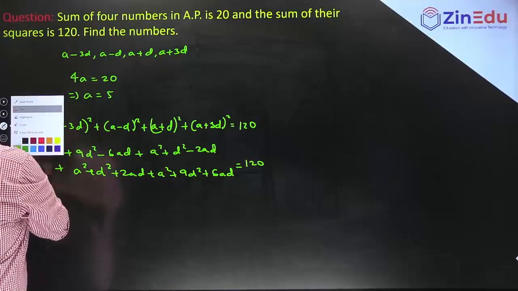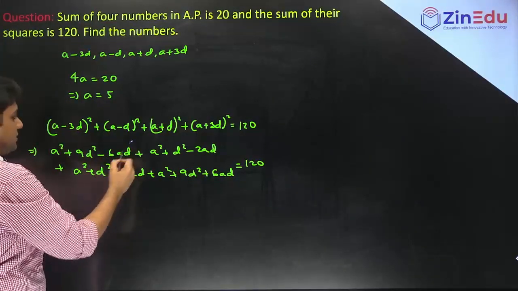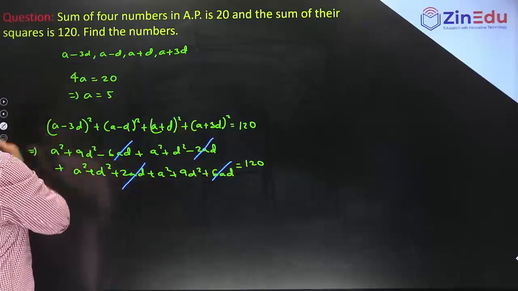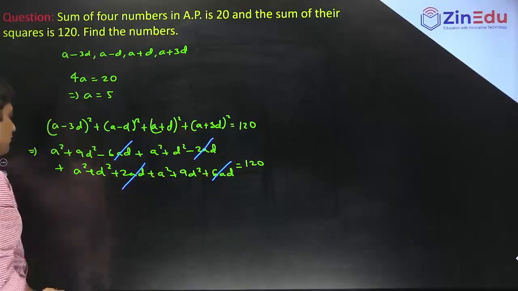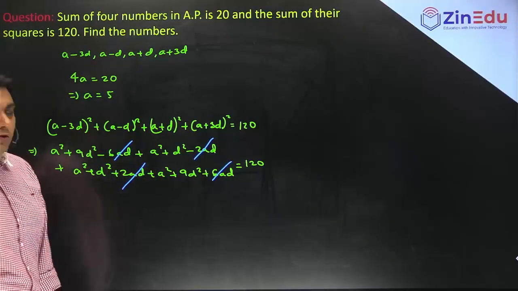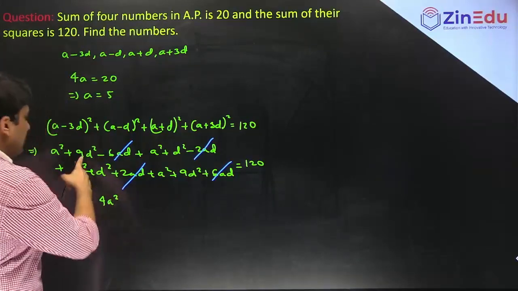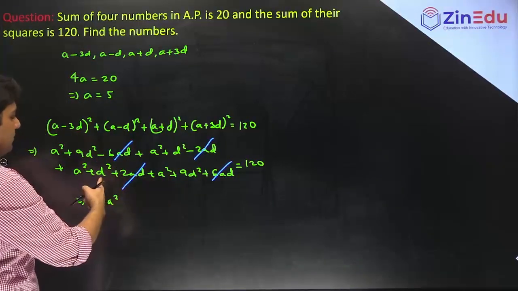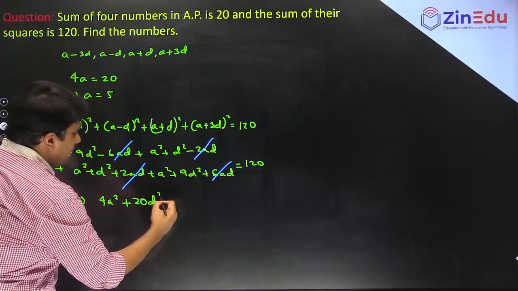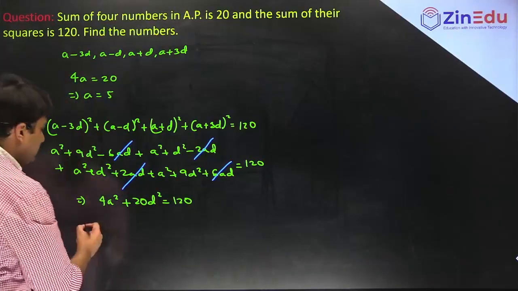Again we can see that 6ad and 6ad get cancelled out, and 2ad and 2ad get cancelled out. So we will be left with 4a square plus 20d square equals 120.